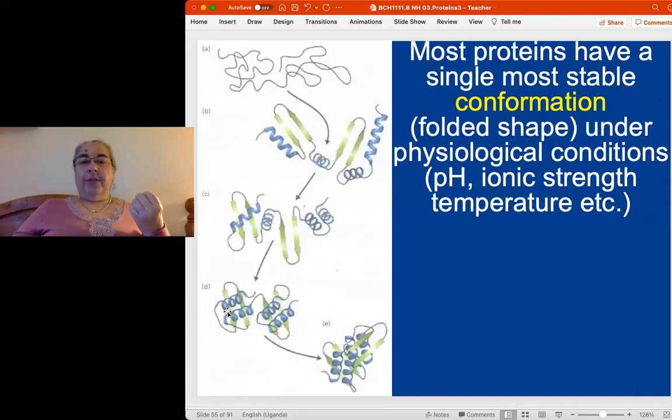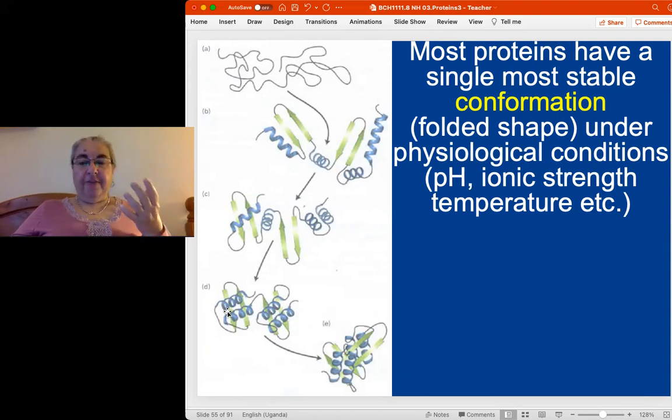So most proteins have a single most stable conformation, that's a word for the folded shape of the protein, under physiological conditions. So remember that things like pH or ionic strength can affect the charges on amino acid side groups, for instance. So a protein might have a different conformation at different pHs.